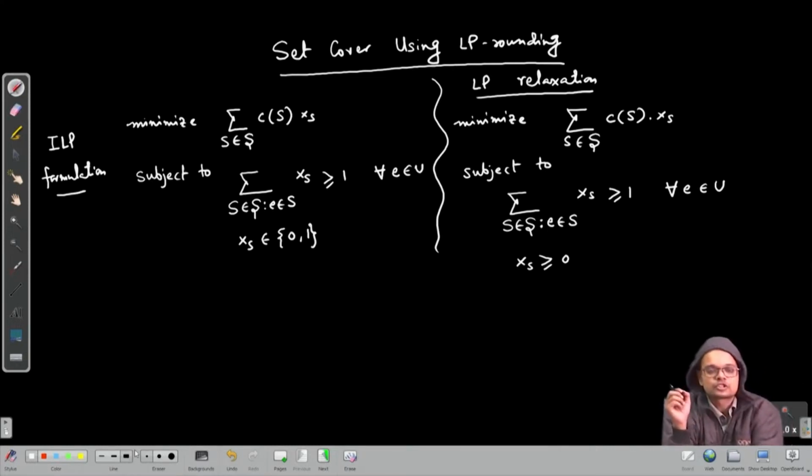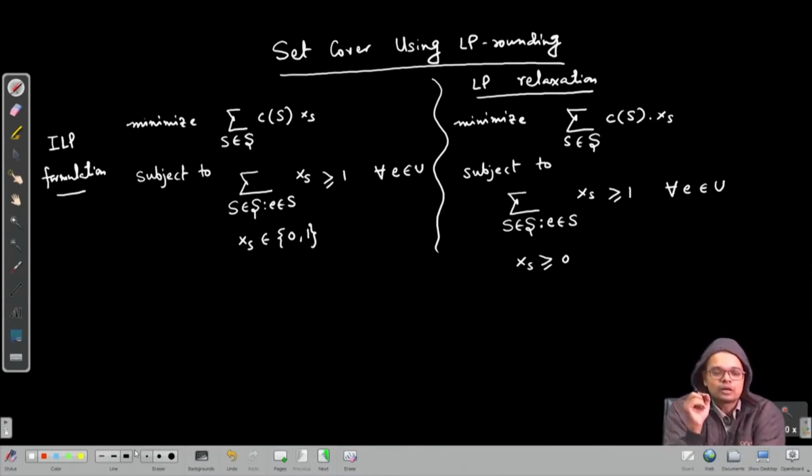Recall that this constraint cannot be deleted for set multi-cover because it may be beneficial for cost, minimizing cost, to pick the same set multiple times.